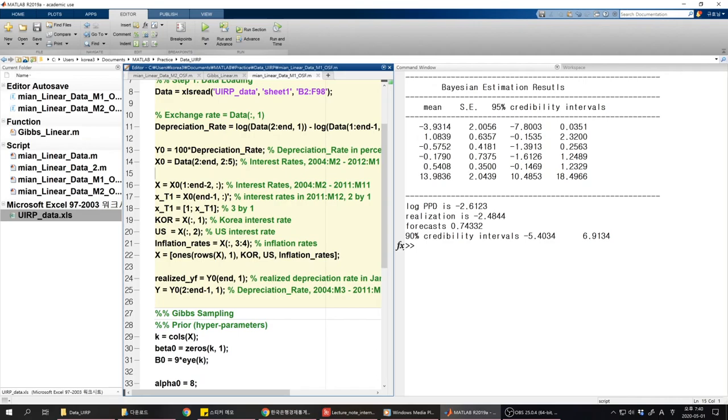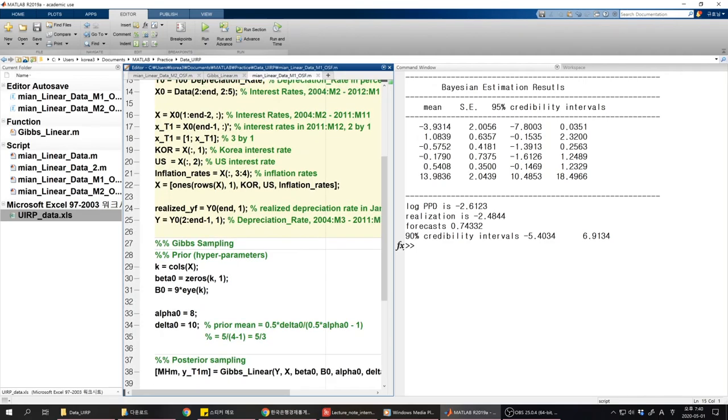Only when we have only important or relevant regressors can we finally have the most accurate density forecast. So here let me check this code again.